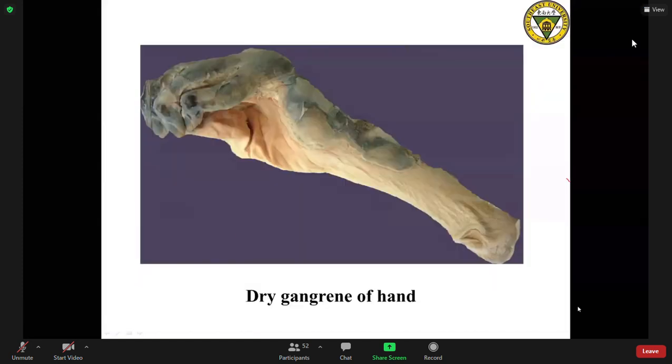Okay, it's very simple. Gangrene, the dry gangrene of the hand. Just look at the hand and fingers. The black-red color at the border is also clear. Here is the border.